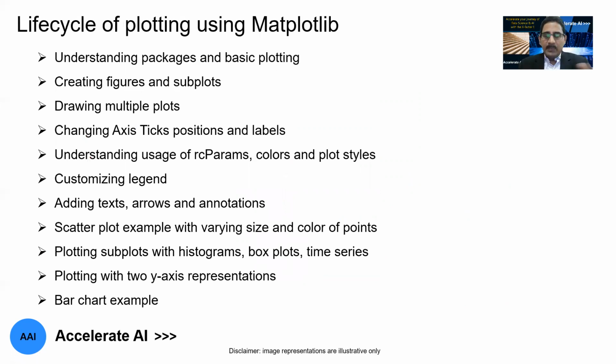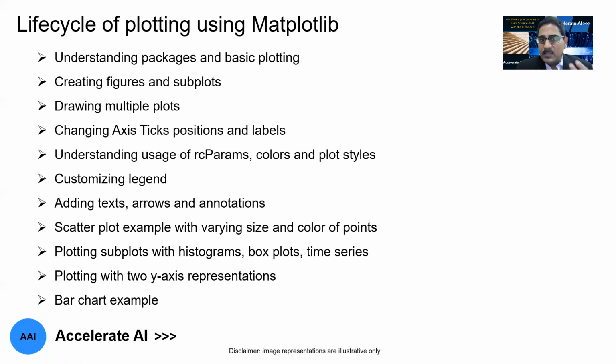Typically, the life cycle of plotting using Matplotlib goes like this. We'll get onto a quick demo to walk through a notebook: understanding the packages and basic plotting, then creating figures and subplots, drawing multiple plots, then changing some of the axis text positions and labels.